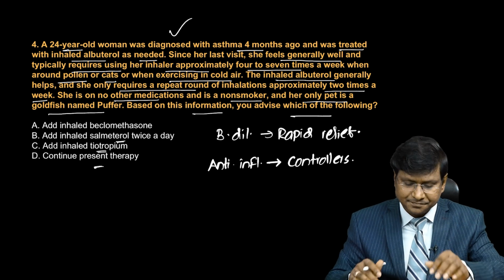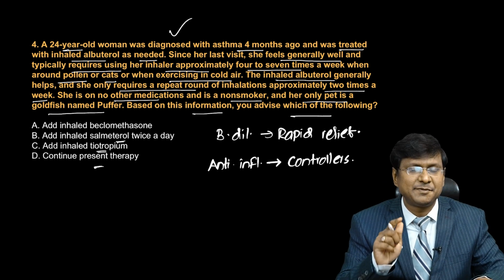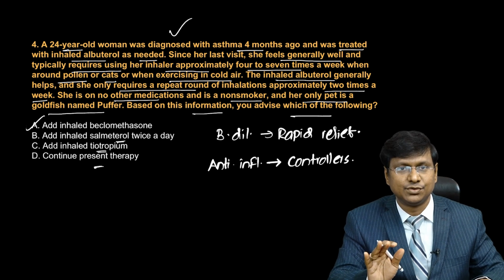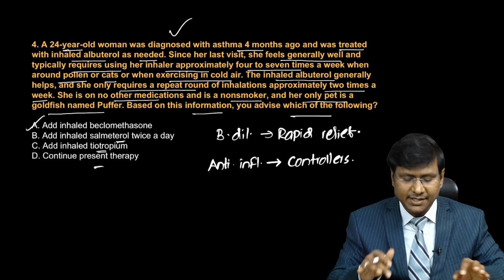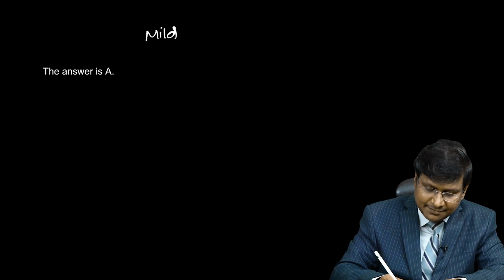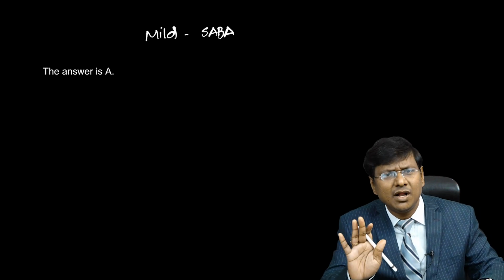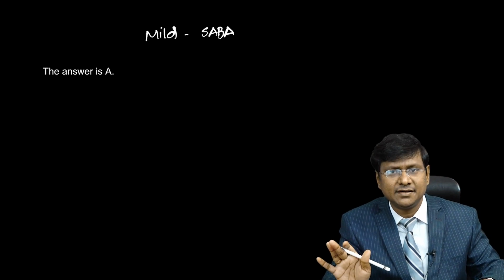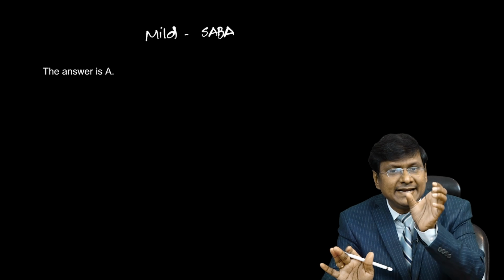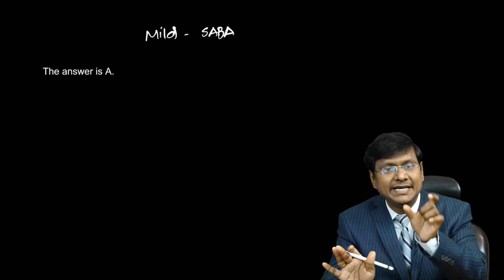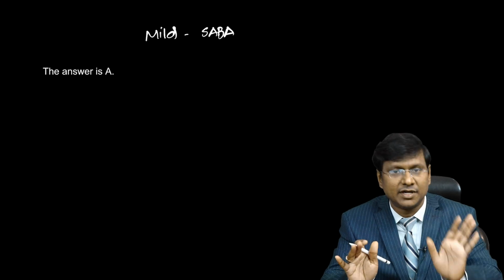Now the answer in this particular question is you need to add the inhaled beclomethasone. I will tell you why. For patients who have mild intermittent asthma, only a short-acting beta agonist is all that is required. So use of reliever medication more than twice a week indicates the need for controller therapy.